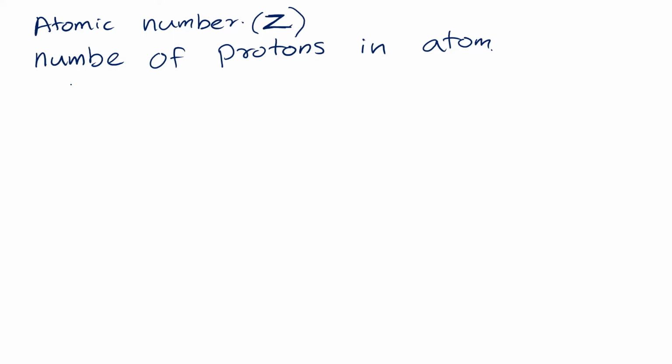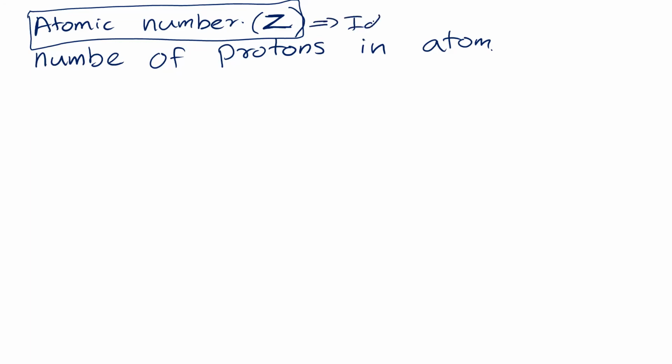So this number of protons, or this atomic number, is something like an ID number. Two people cannot have the same ID number. It's unique. It's an identity of the element. So two elements cannot have the same atomic number.